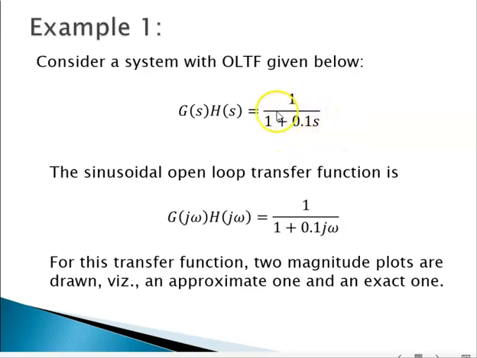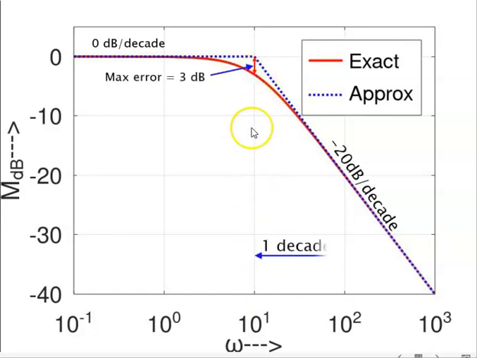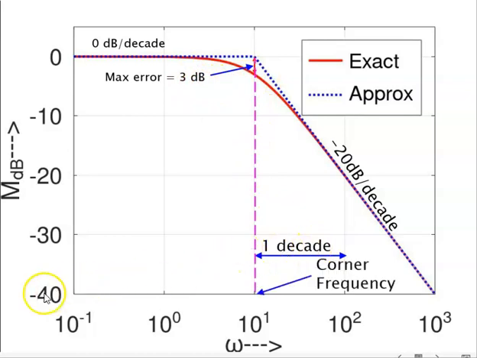So if you have a term of the form 1 plus tau s, you will have a corner frequency 1 over tau. 1 over 0.1 is 10. And the maximum error occurs at this corner frequency, and this error is very little, 3 decibels. 3 decibels over 40 is very small, less than maybe 10%, 8% error.